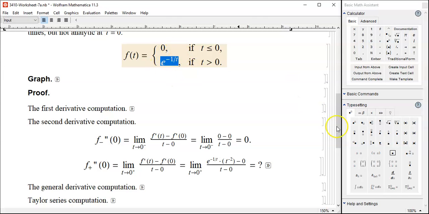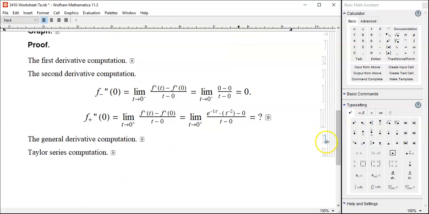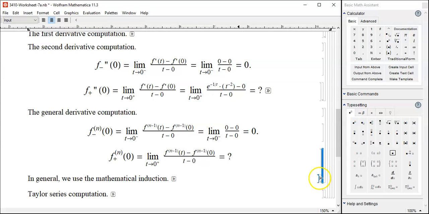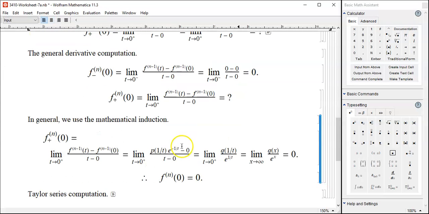That doesn't go anywhere because of this chain rule.